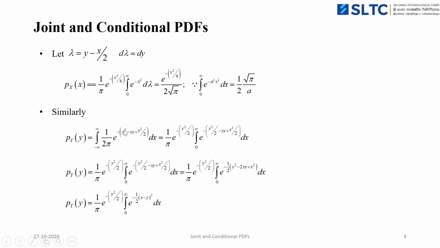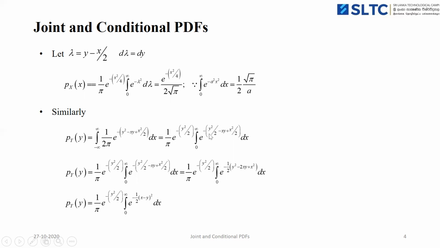Now we can rewrite this exponential term in (a minus b) whole square formula. Because we are integrating with respect to x, we can take the y squared by 2 outside. So we rewrite y squared as y squared by 2 plus y squared by 2, so that we take e power minus y squared by 2 outside.